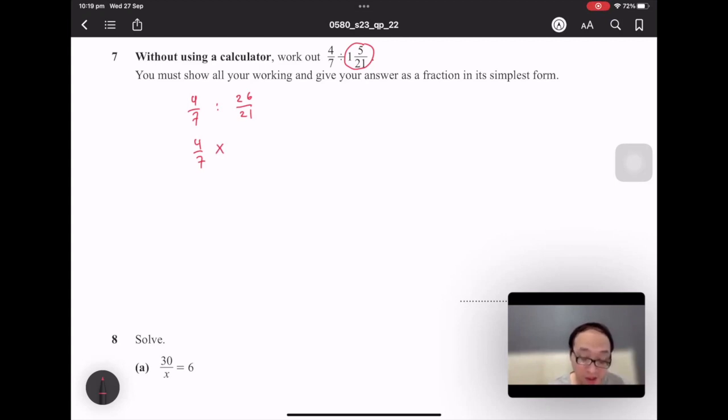So we switch the fraction into 21 over 26. And then we can cancel: 21 divided by 3 and 26 divided by 2... it's 2 and 13. So it equals 6 over 13.